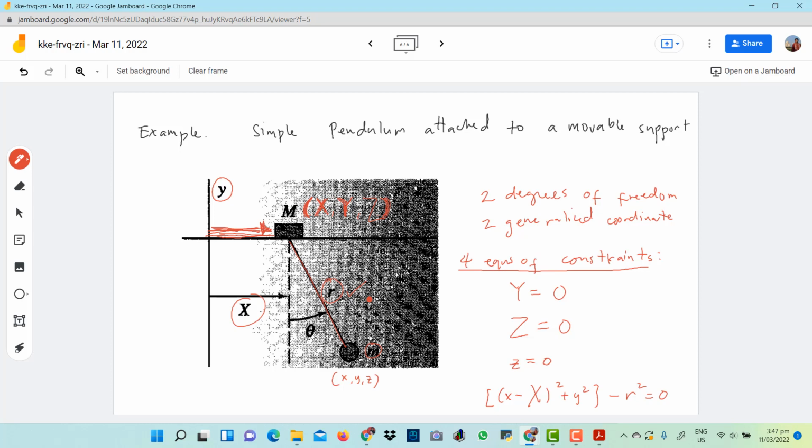Your R, take note, if this is big X, that one is also X. No, that's not small x. The small x is this one. Here is where you start your XY plane.